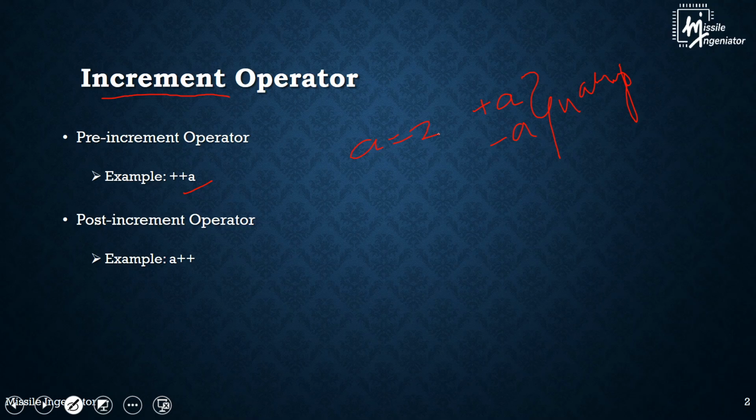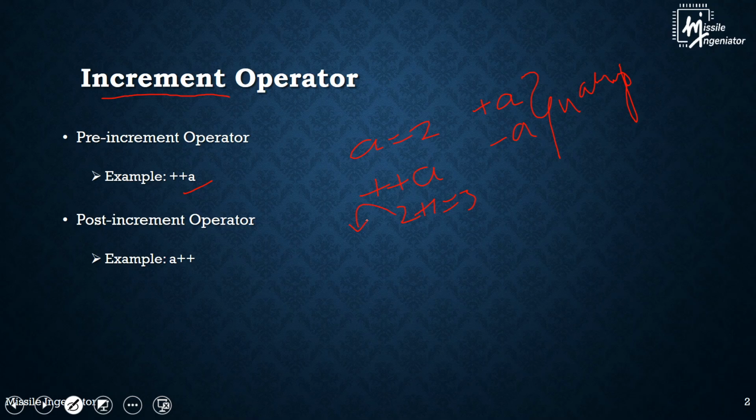First the ++ increases the value by 1, so 2 plus 1 is equal to 3. The value is evaluated first and then assigned to whatever is on the left side.